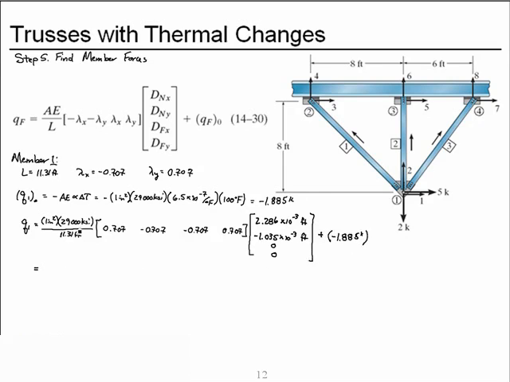So our first term is 2,564 kips per feet.